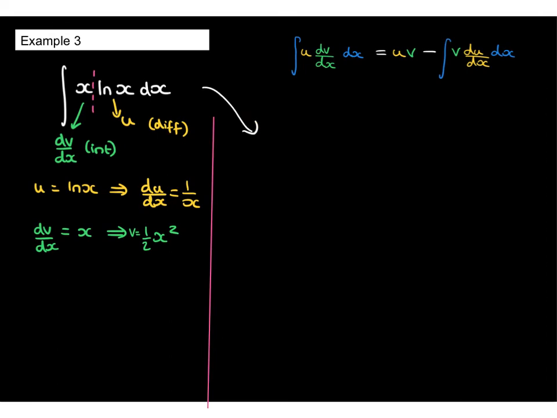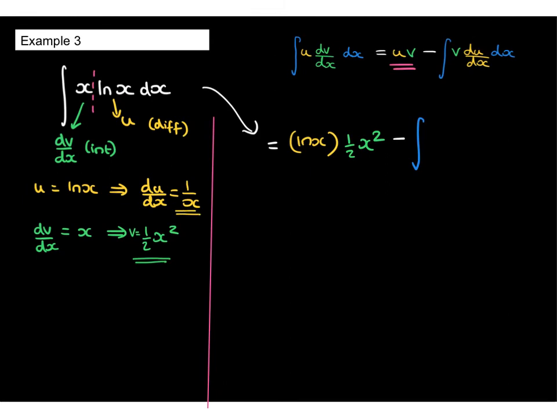So let's apply the laws of integration by parts here. So we want to start off with this part here, so u multiplied by v. So that is ln of x multiplied by a half x squared, and we're subtracting from that the integral of v, which is here, multiplied by du by dx, which is here.